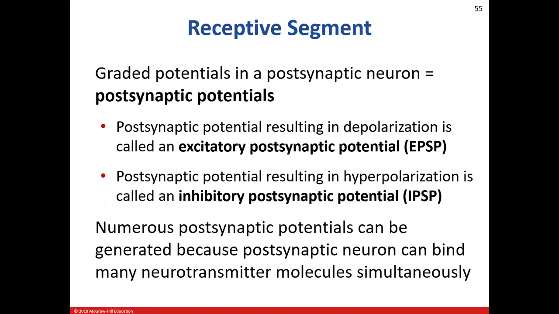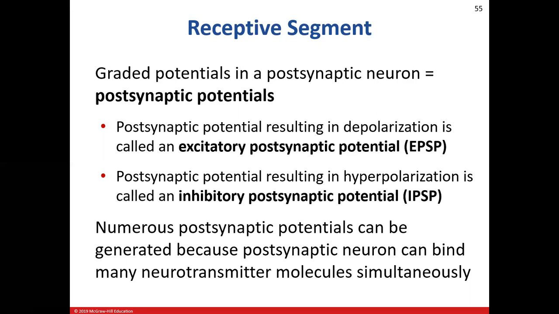Now, graded potentials are going to occur in the postsynaptic neuron, and these are called postsynaptic potentials. A postsynaptic potential that results in a depolarization is called an excitatory postsynaptic potential, or an EPSP. A postsynaptic potential resulting in a hyperpolarization is called an inhibitory postsynaptic potential, or an IPSP.